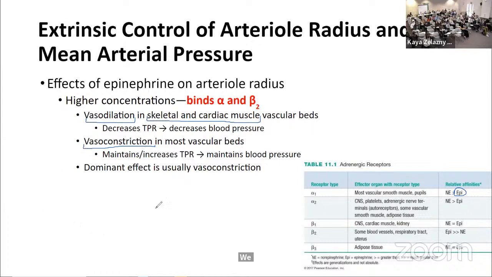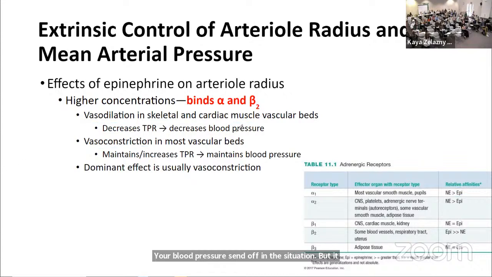Now, the overall effect of epinephrine, especially at these higher concentrations, right? If we're looking at our TPR, it's going to be vasoconstriction. So overall, your blood pressure is going to go up in this situation, but it hasn't gone up everywhere, right?